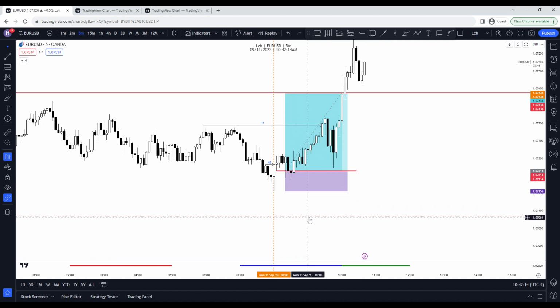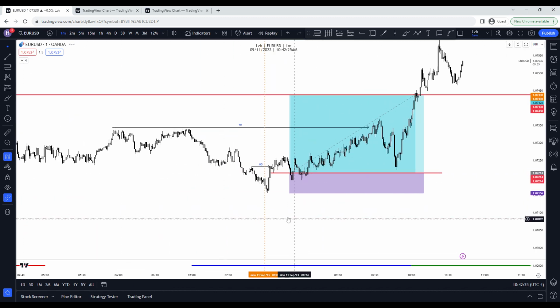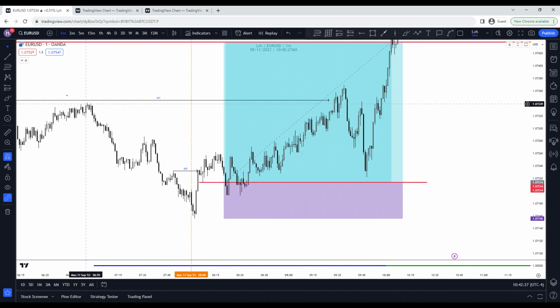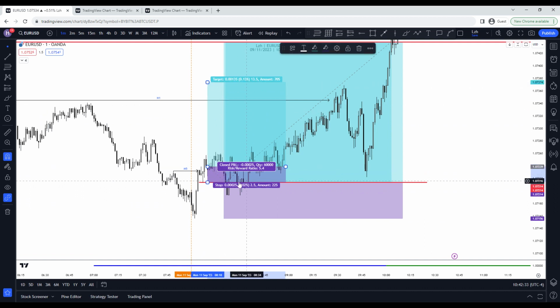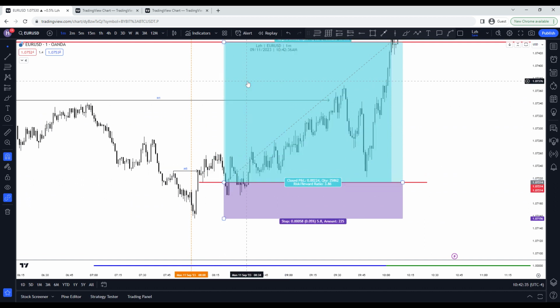So whatever I'm going to enter is based on any price below that mitigation level. So it will liquidate the late longs. You can see it on the M1 entry. Whoever is longing based on the stop loss here will be stopped out and price runs, right?